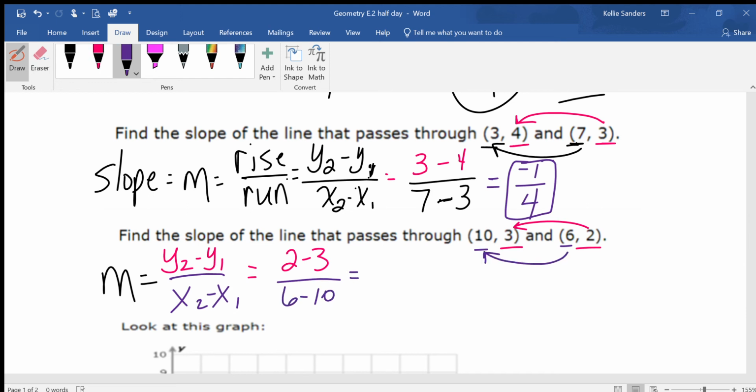What's 2 minus 3? Negative 1. What's 6 minus 10? Negative 4. Again, 1 over 4 is reduced, but this time we have a negative over negative. Do not leave a negative over a negative. That is just wrong. Okay? What's a negative over negative? A positive. So 1 over 4 would be your answer.